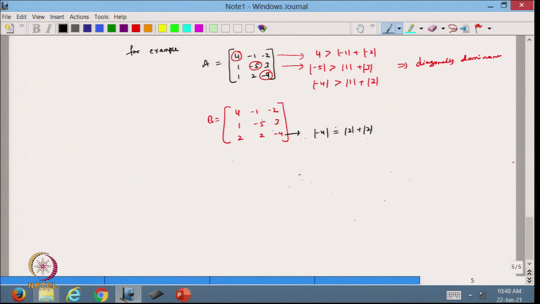So, in this case we are going to have only the equality sign, and the strict inequality is not there. So, in this case we say that it is not diagonally dominant.